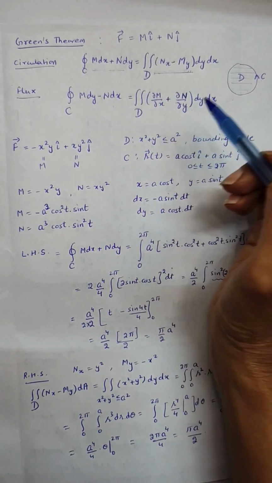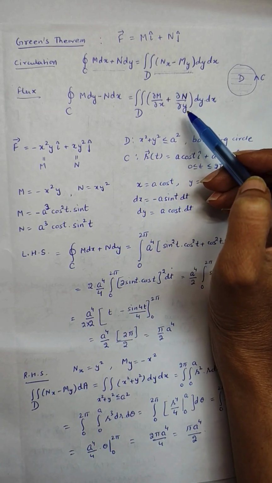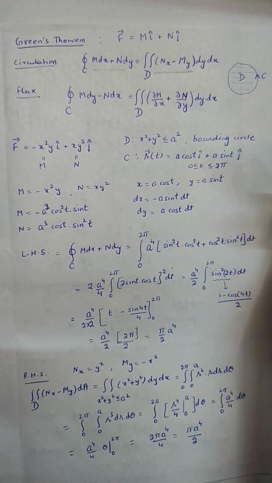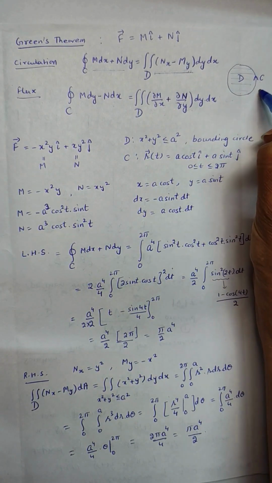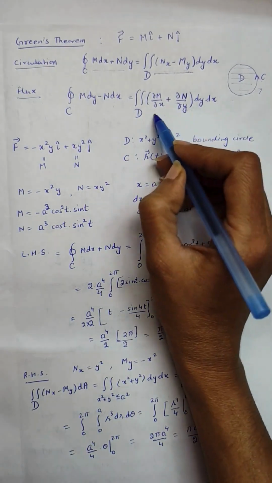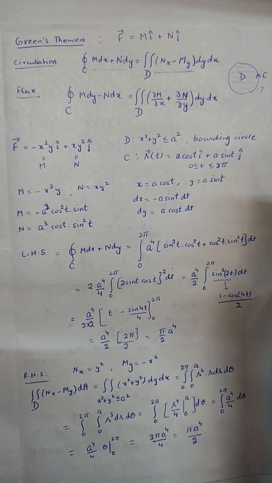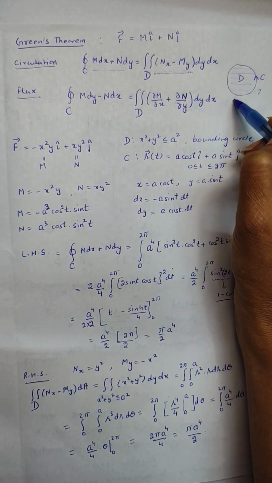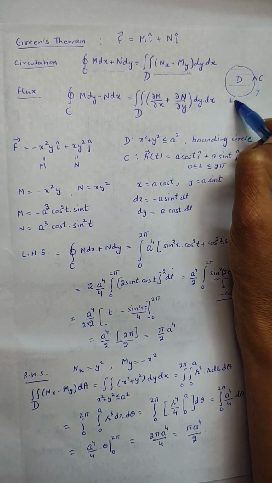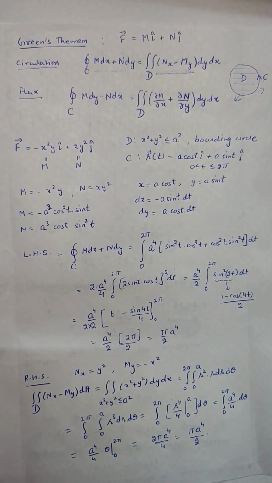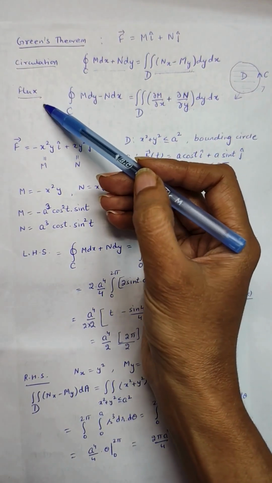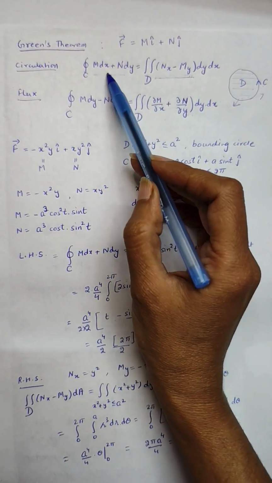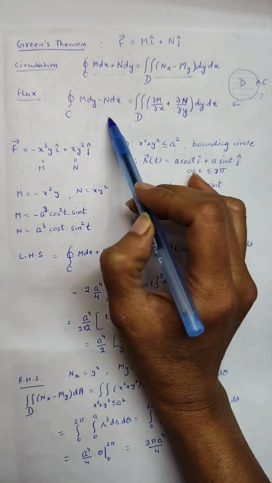This is the circulation density, which represents flow in the tangential direction to the curve. This function is the flux density. It represents flow in the normal direction to this region. Okay, so Green's theorem basically says that circulation and flux can be calculated by using both of these formulas.